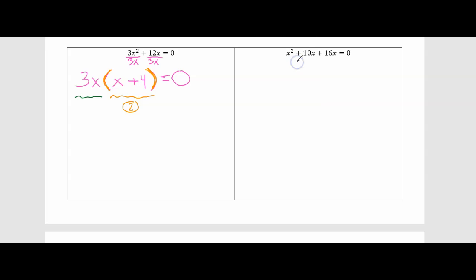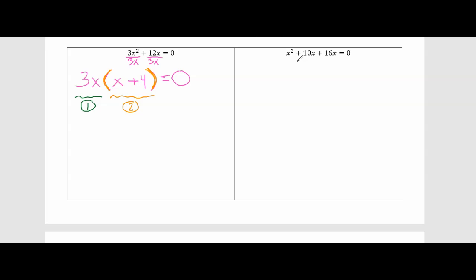My second factor is x plus 4. Now, when I'm multiplying two things together, if either of them equals 0, the product's going to be equal to 0, right? Because any number times 0 is equal to 0. So if the green factor equaled 0, well, then my left-hand side would be 0. If the orange factor equaled 0, then my left-hand side would be 0.